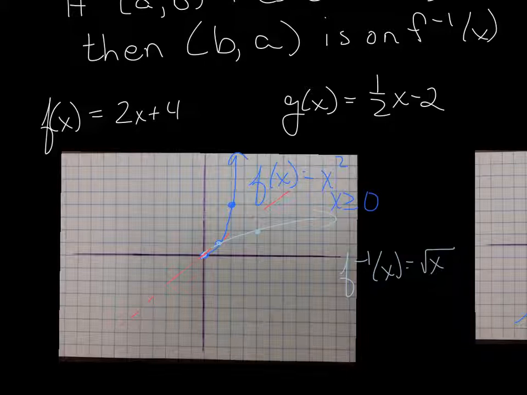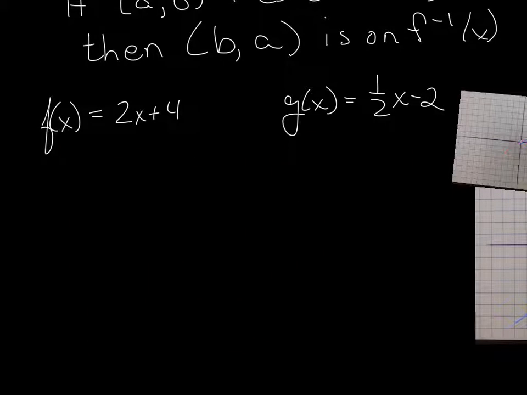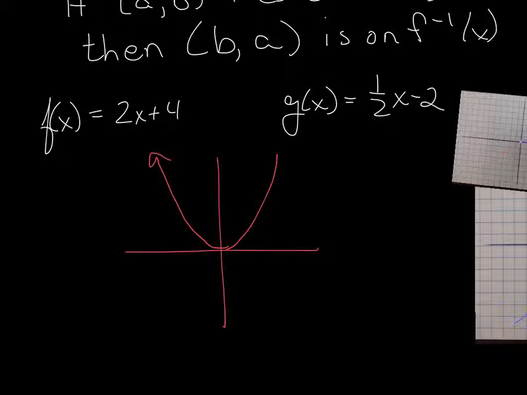Now notice, when I looked at the function, I restricted f of x equals x squared to be greater than or equal to 0. If I hadn't done that, I would have had a function that looks like this, a parabola.